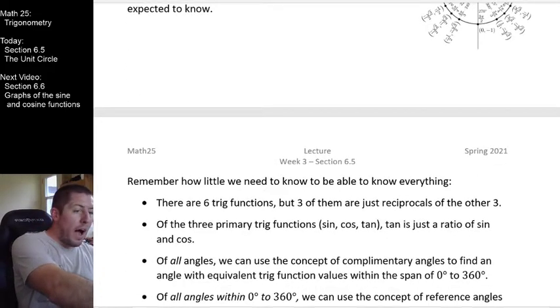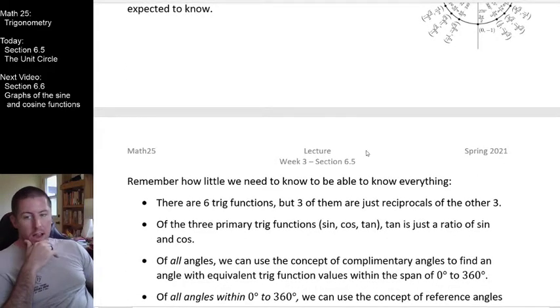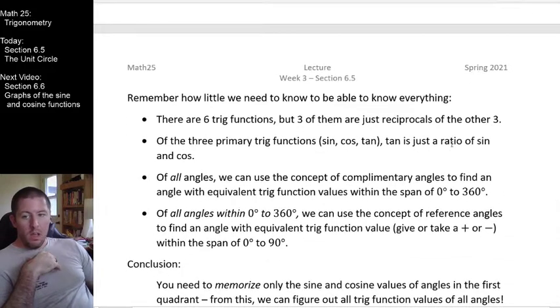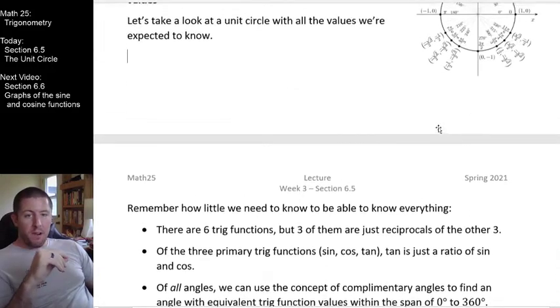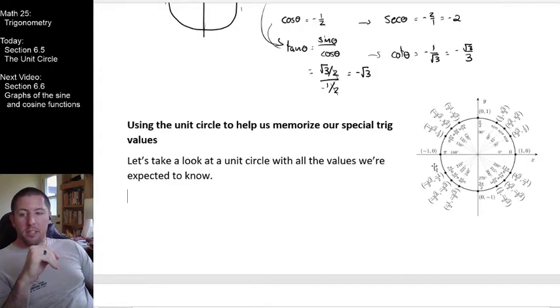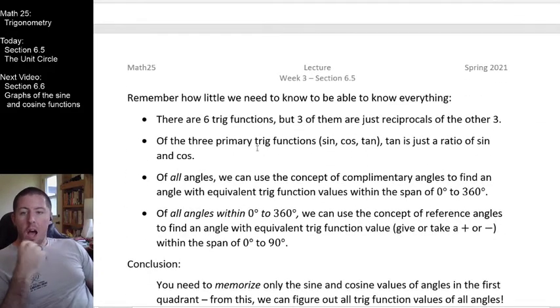Okay. So I'm going to convince you how little we need to actually memorize here. You need to know all 6 trig functions applied to every one of the angles in the unit circle. But of the 6 trig functions, 3 of them are just reciprocals of the other 3.